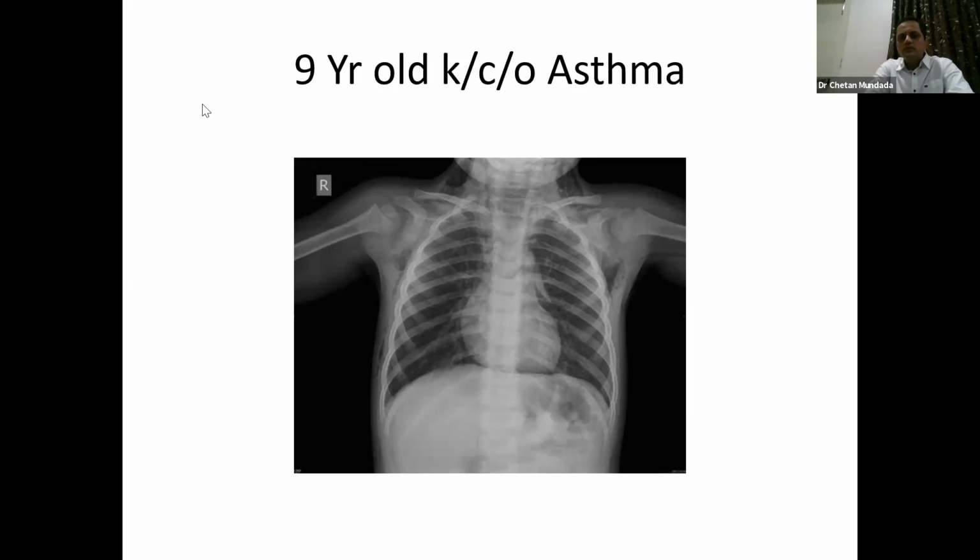So here, if you look at the X-ray and start going from outwards to inwards, what is prominent is the subcutaneous air, which is visible all up to here, and here.